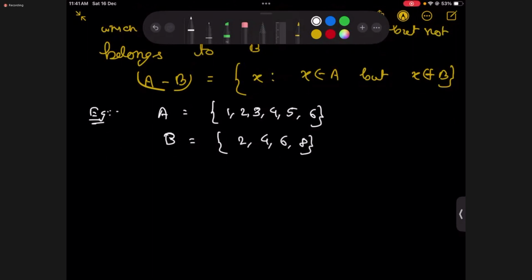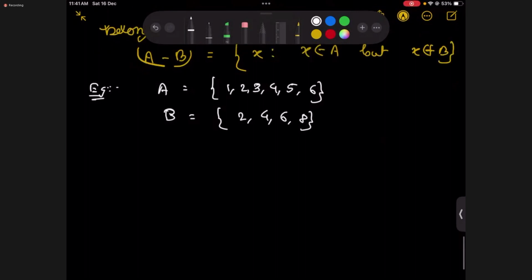So what about A minus B? A minus B means we are eliminating those elements which are common in A and B. So first of all, check what is in A but not in B. So let us do it by this process.